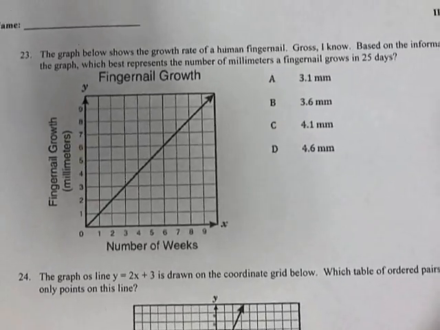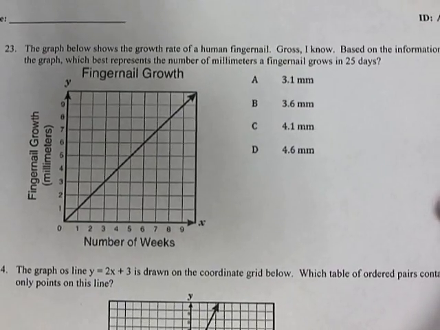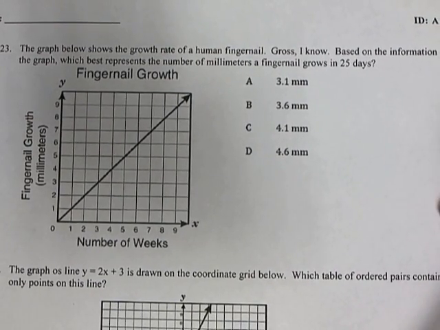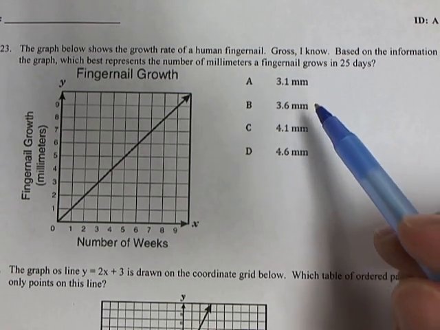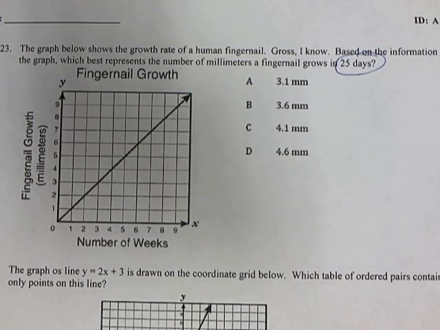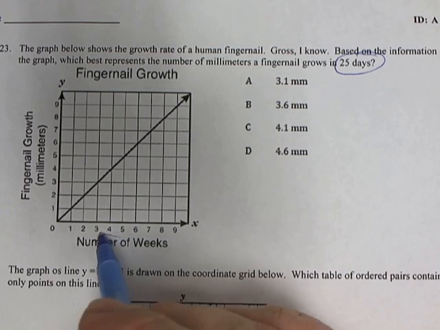And the final two problems, number 23. The graph below shows the growth rate of a human fingernail. Gross, I know. Based on the information in the graph, which best represents the number of millimeters a fingernail grows in 25 days? So we have days, and notice on the x-axis weeks.